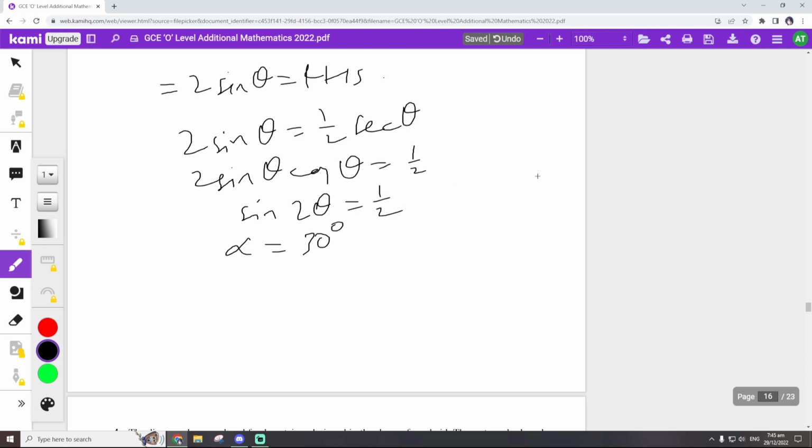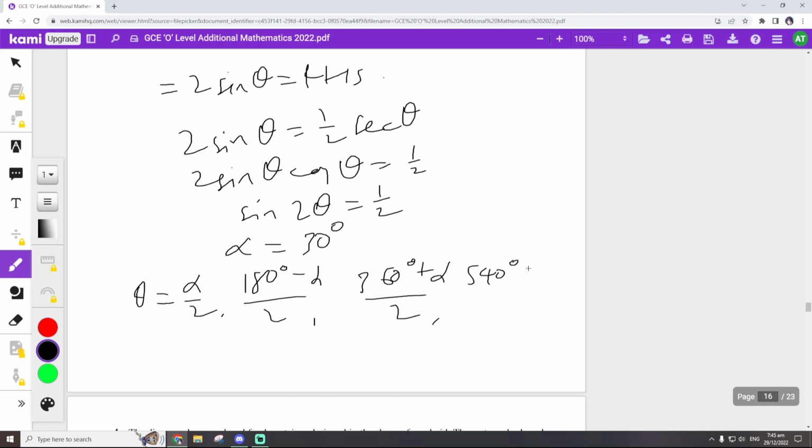So because it's positive, ASTC, we get theta equals alpha over 2, or 180 degrees minus alpha over 2, 360 degrees plus alpha over 2, or 540 degrees minus alpha over 2. 15 degrees, 75 degrees, 195 degrees and 255 degrees.